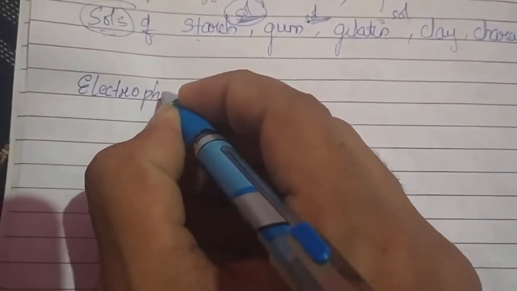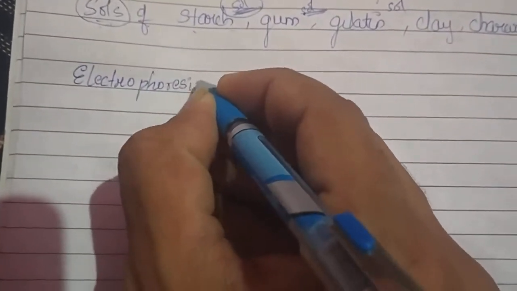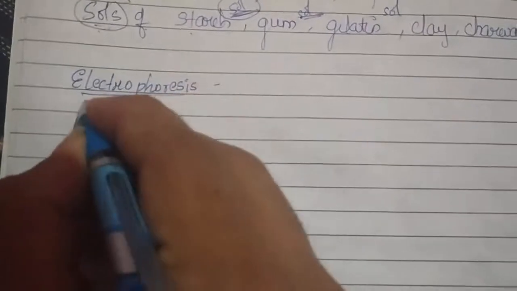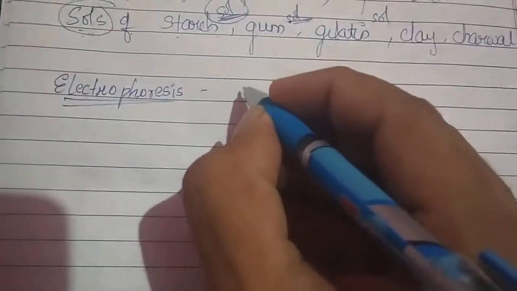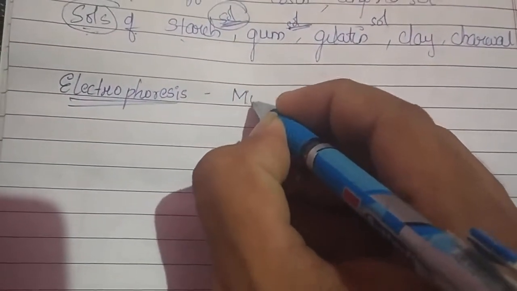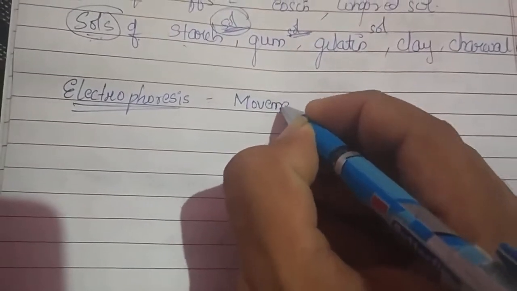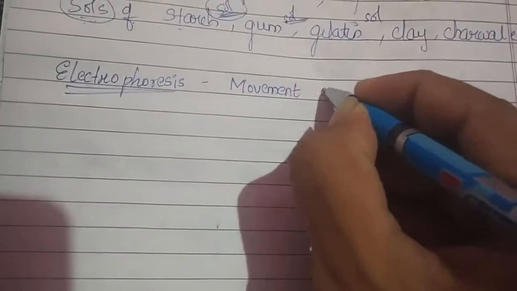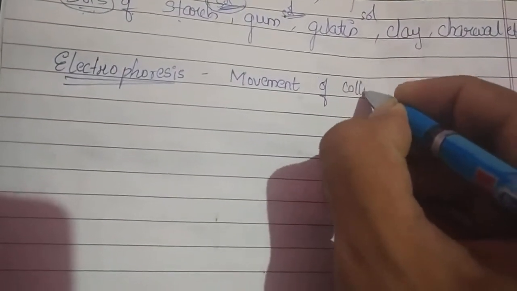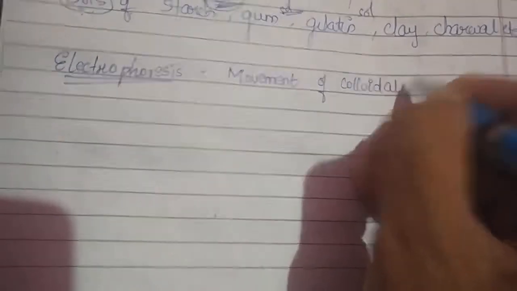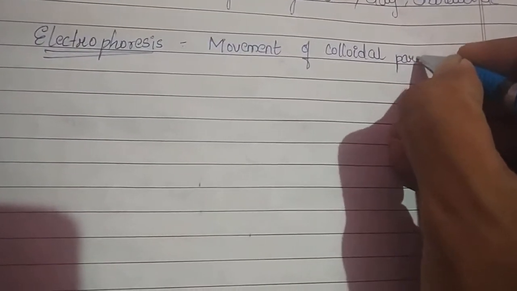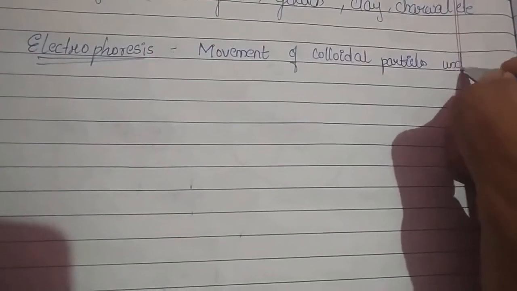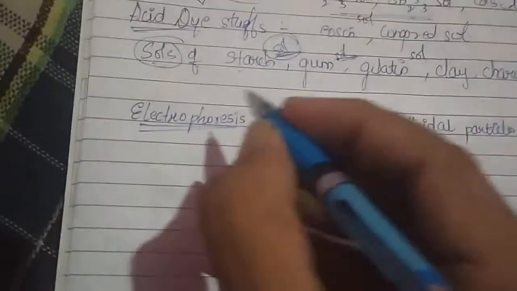Electrophoresis. So basically, what do we mean by electrophoresis? Let us understand. Remember, it is the movement of colloidal particles under an applied electric potential.